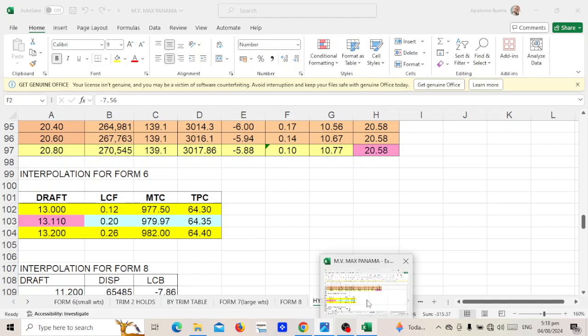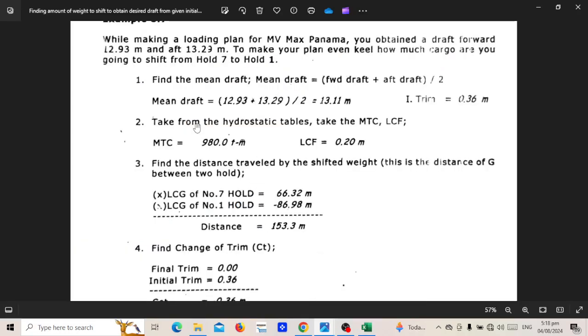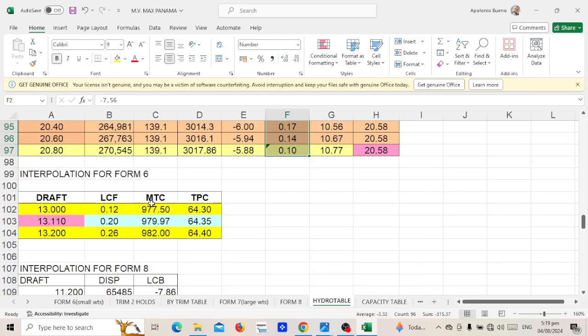That is 980. Okay, so round it up to 980, and LCF is 0.20. Okay, we got it right.